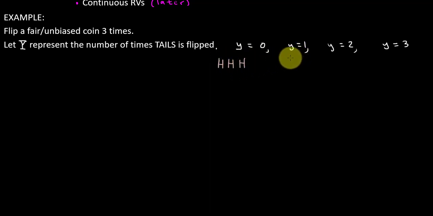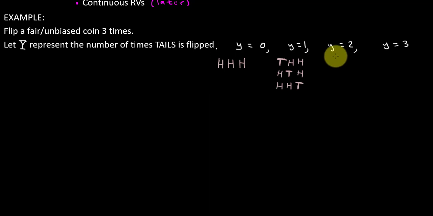For sure. Let's see what 1 tail could look like. 1 tail in 3 flips. You could have the tail in the first flip. You could have the tail in the second flip. Or that 1 tail could occur in the third flip. So notice there are 3 ways to obtain 1 tail.